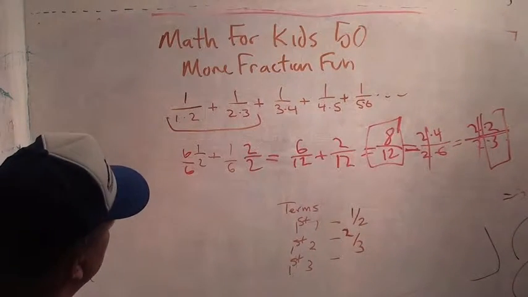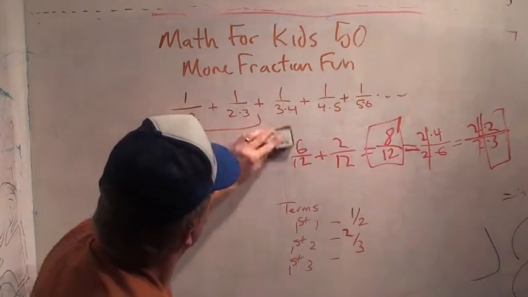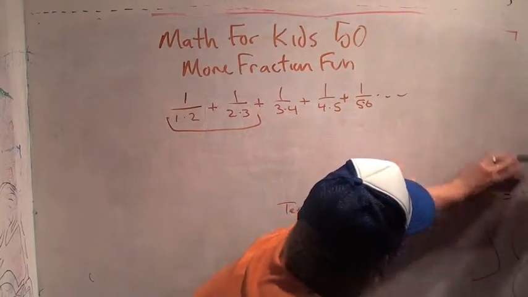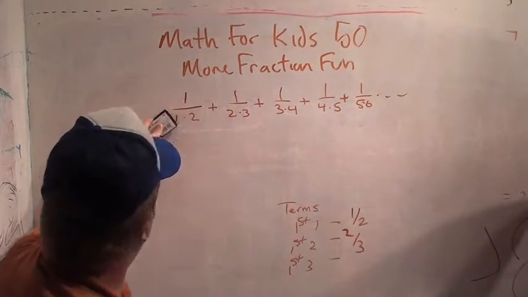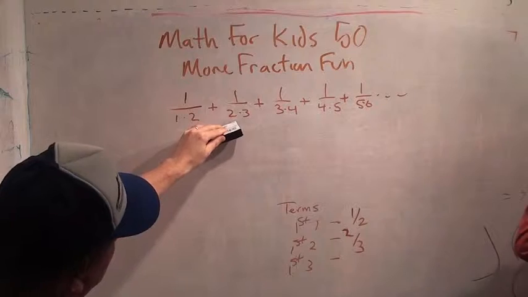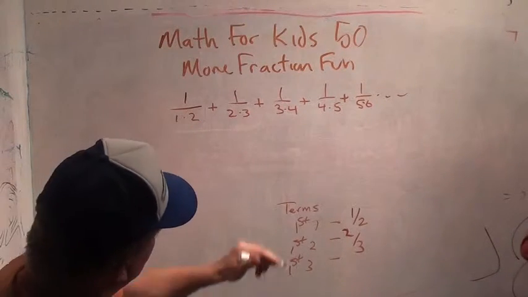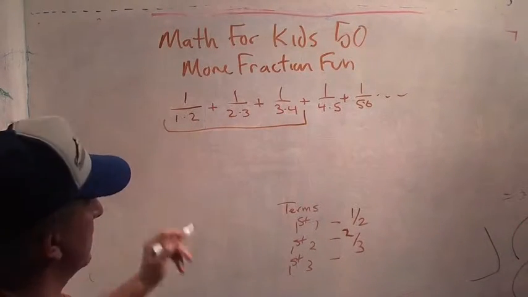That's kind of neat. Okay, let's look at the first 3 terms: 1 over 1 times 2 plus 1 over 2 times 3 plus 1 over 3 times 4. What does this equal?